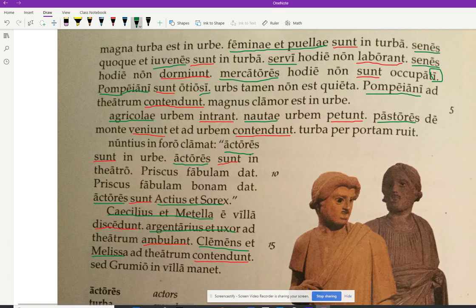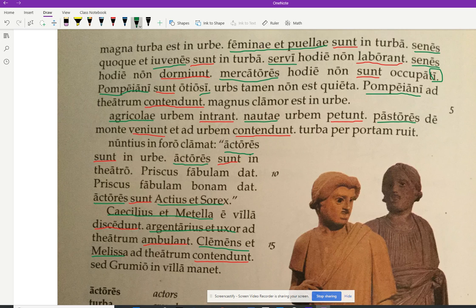Pastores de monte veniunt, in typical word order there. The subject first, pastores, shepherds. The verb last, veniunt, come. De monte, from the mountain. Et, and. So now we're linking it to another verb, and then the stuff that has to do with that verb is going to come in front of it, ad urbem. Right? So the shepherds, again, are still the subject.